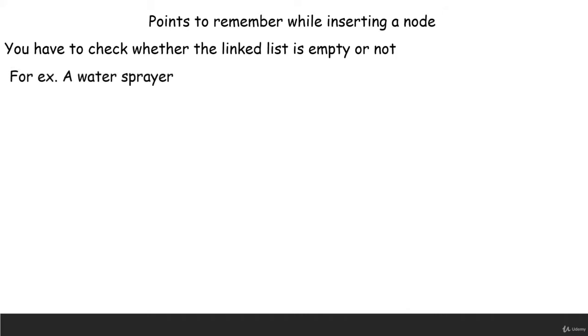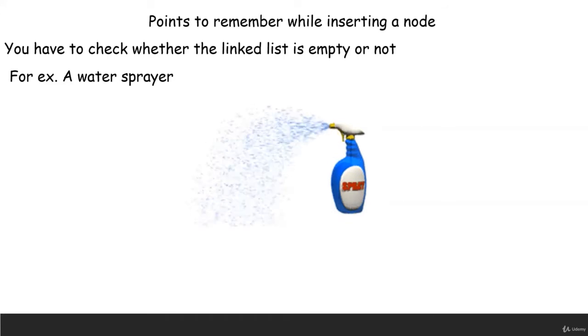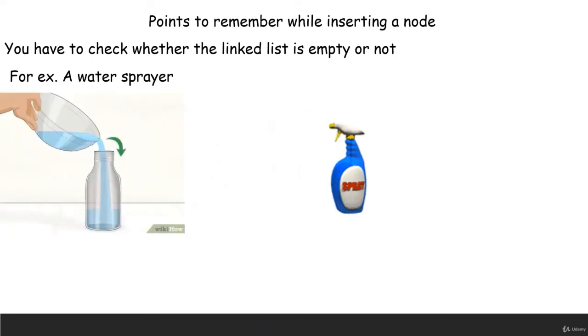So for example, a water sprayer. Have you ever seen a water sprayer? We just sprinkle the water from it like this. How does this water sprayer work? You know that the below container, we have to first fill it with water. But before filling it, you first check whether the container is full of water or empty, and on that basis you decide how much water you have to put in it.